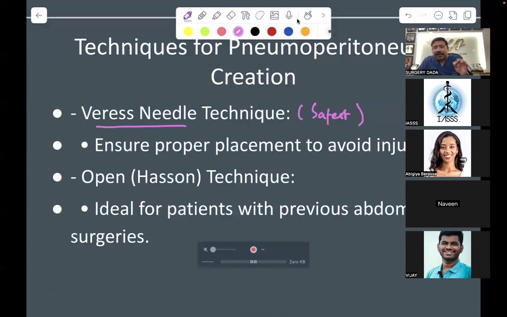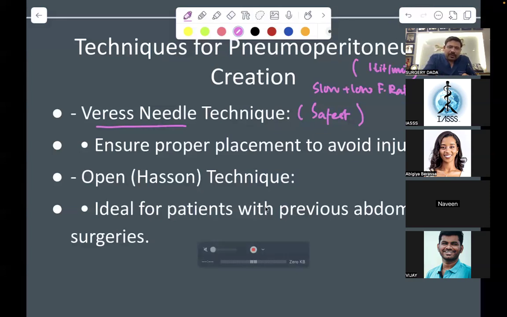The reason is that Veress has a slow, low flow rate, only 1 liter per minute. Sometimes Veress might have 2 liters also, but 1 liter is the standard flow rate, and therefore there is slow and gradual creation of the pneumoperitoneum.